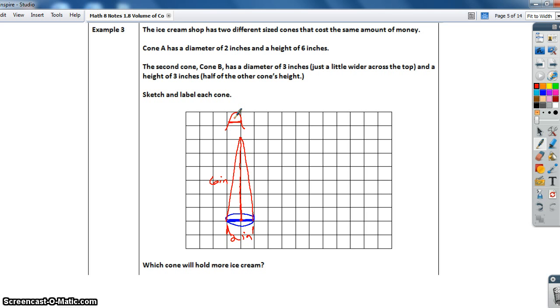All right, go ahead and do cone B next to it. Now cone B has to have a diameter of 3 inches, and it is only 3 inches high. I'll draw mine and you can see if it matches it.